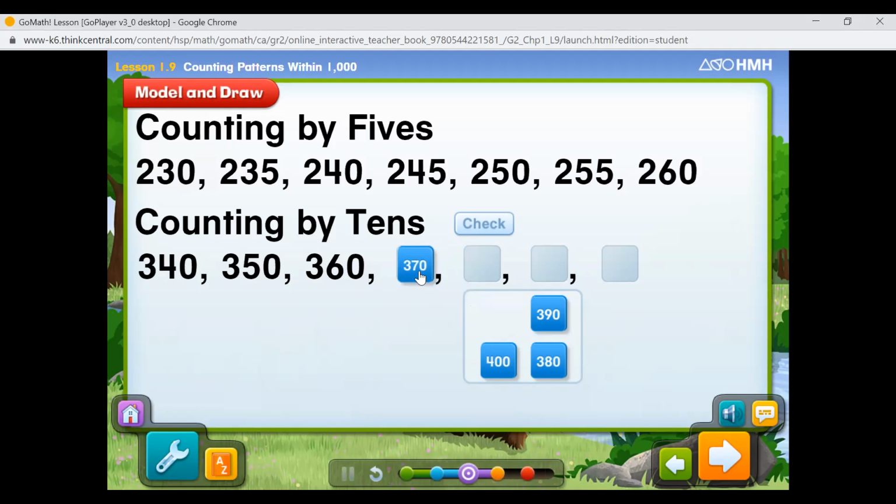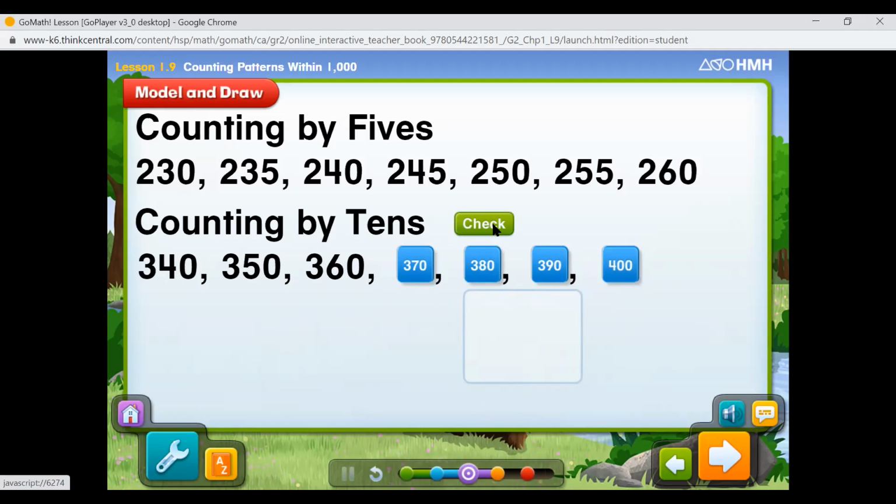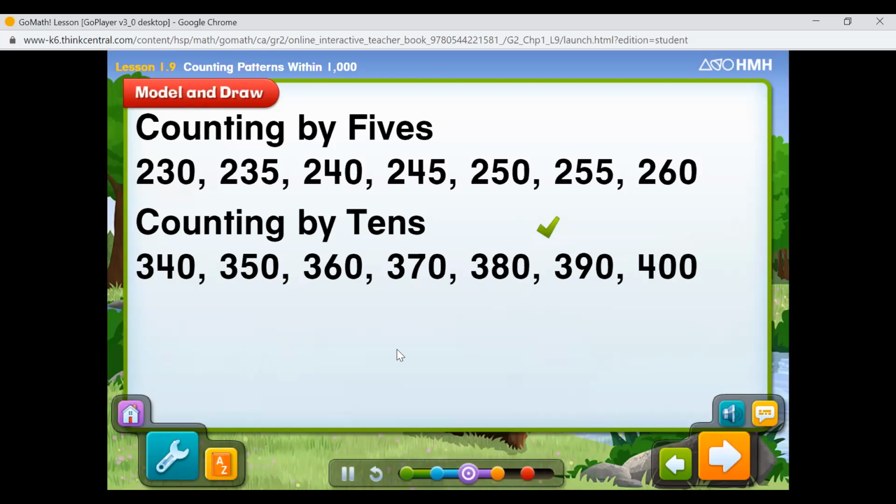And then what comes after 70? 380, and then after 80, I see a 90, 370, but after 90, we usually get to 100, but instead of 100, we're in the 300s, so the next 100 is 400. Let's check. You're right. The order for counting by tens is 340, 350, 360, 370, 380, 390, 400.